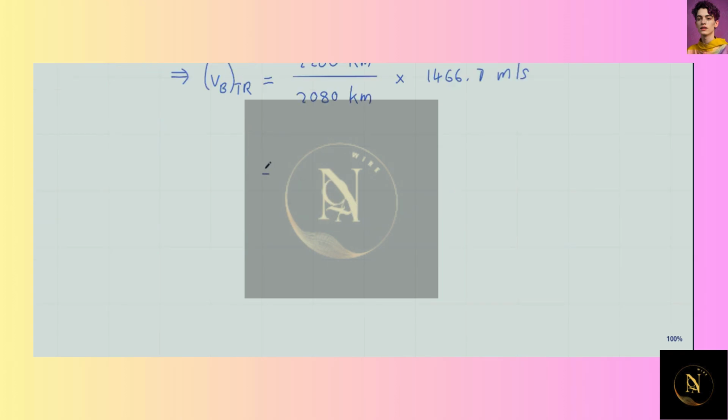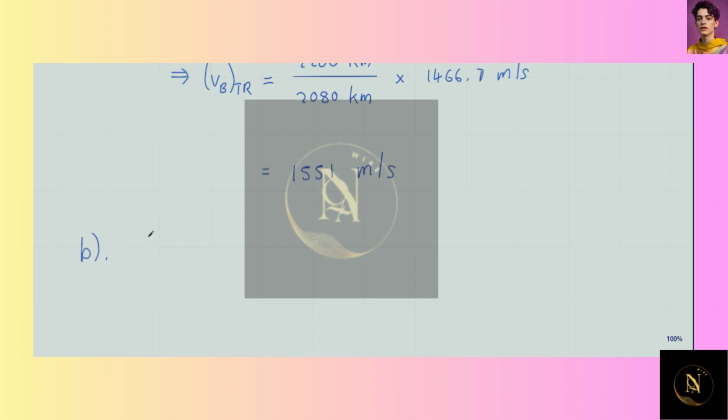Hence we get the velocity of the satellite as it approaches point B on its elliptical path to be 1,551 meters per second.